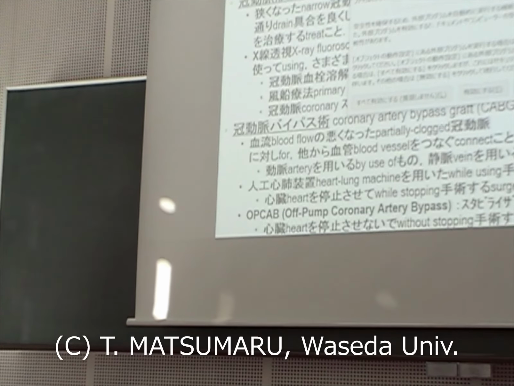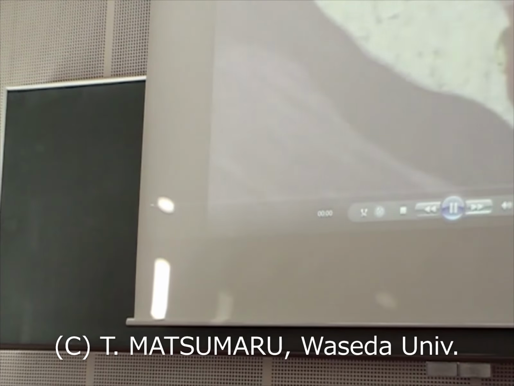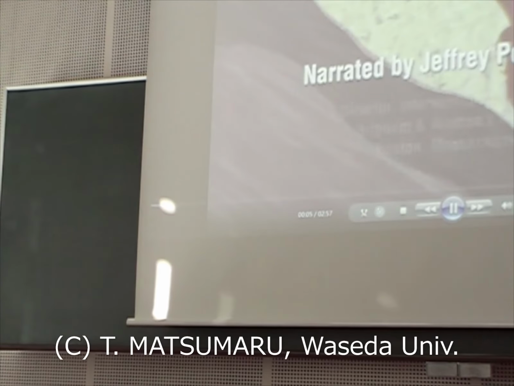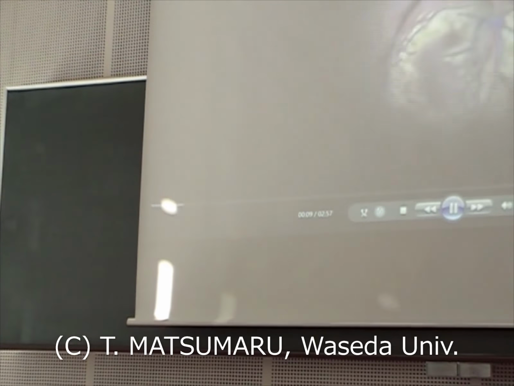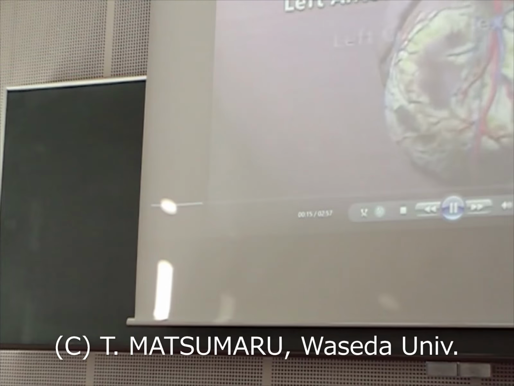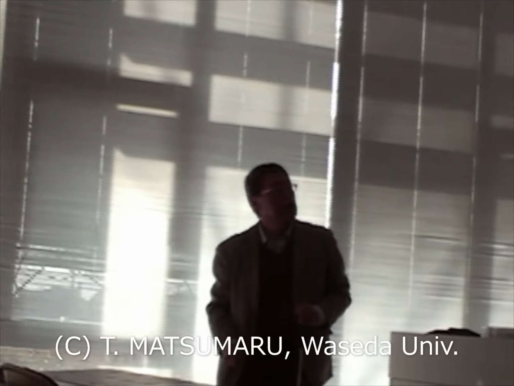Overview of coronary artery disease. The heart is fed by its own circulation, known as the major coronary arteries. These arteries include the left anterior descending artery, the left circumflex coronary artery, and the right coronary artery.